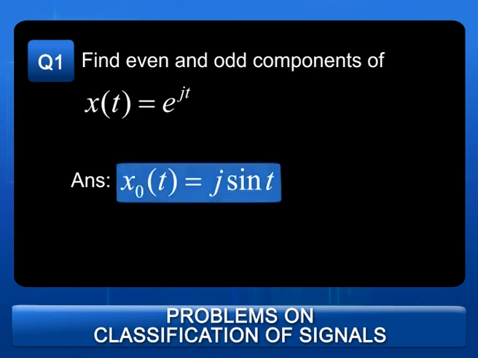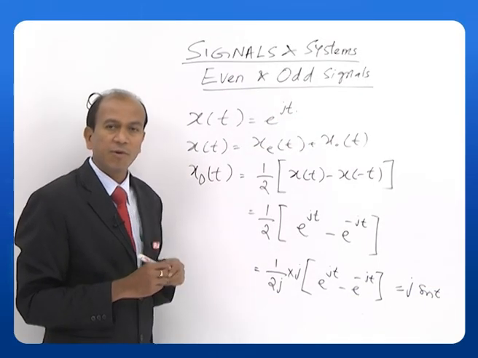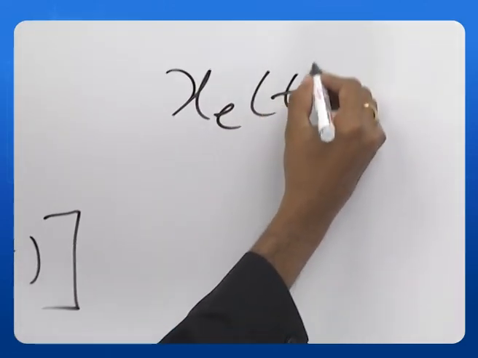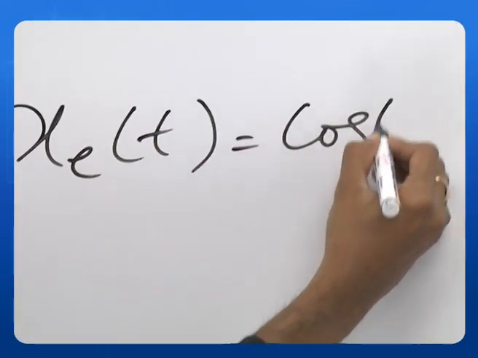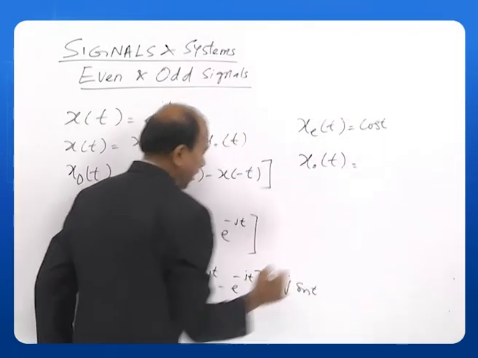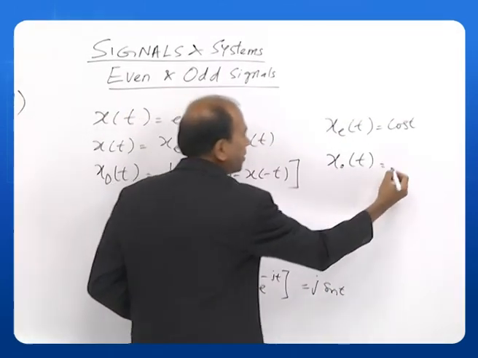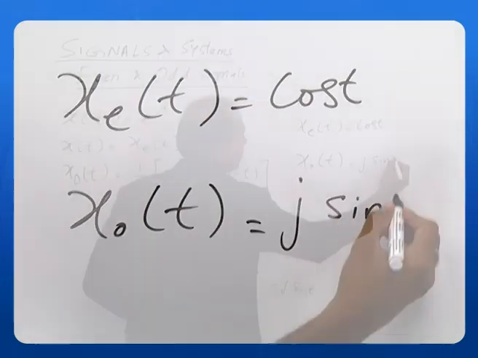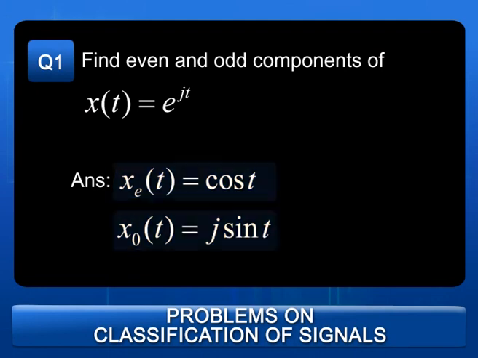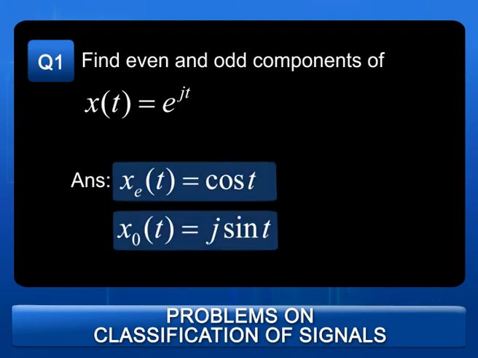So given the exponential function, the even component as we have found out is xe of t equals cos t and xo of t we got as j sin t. So as you see here, the exponential function is broken into an even component which is a cosine function and an odd component which is a sine function.